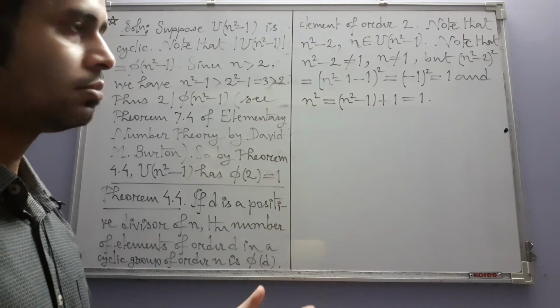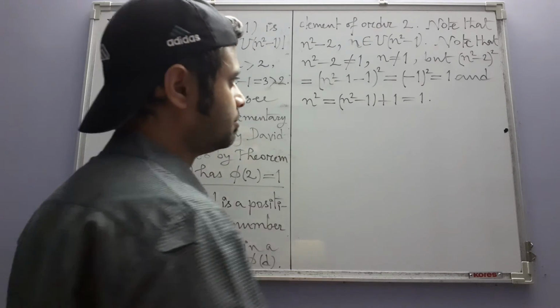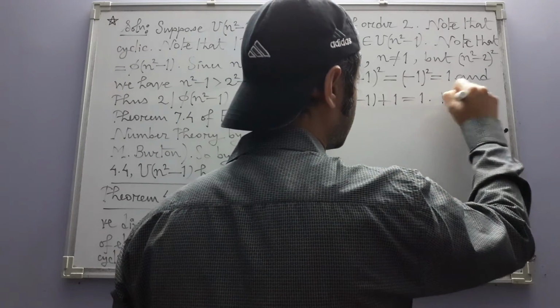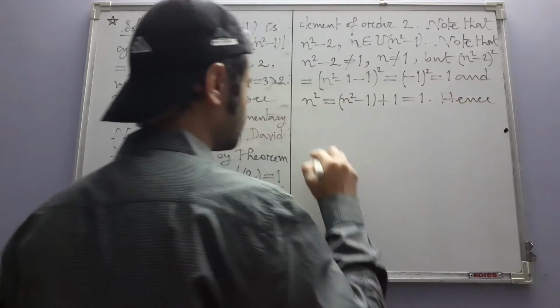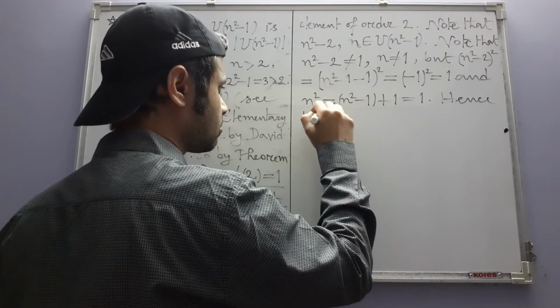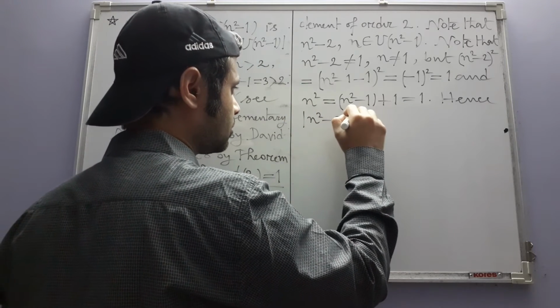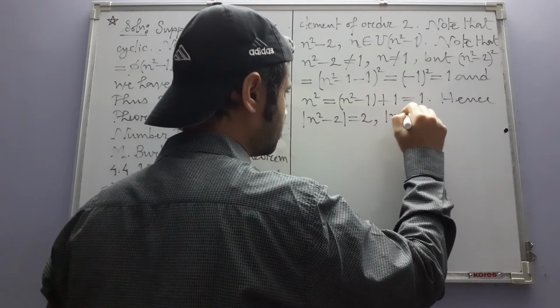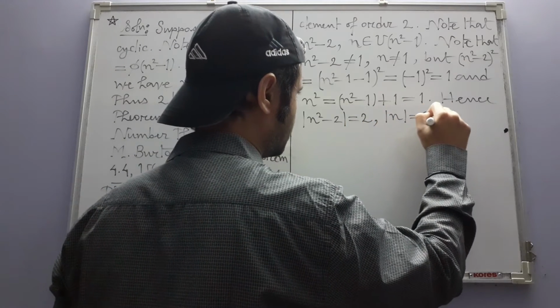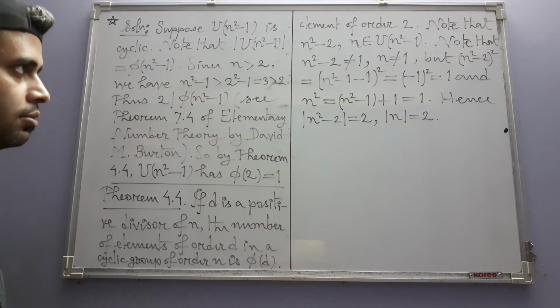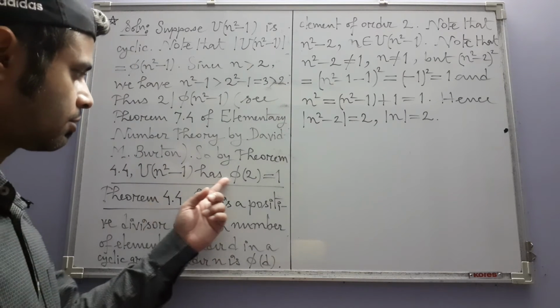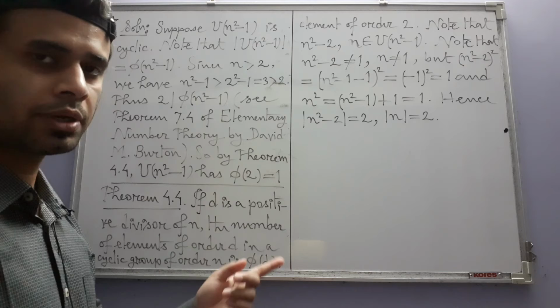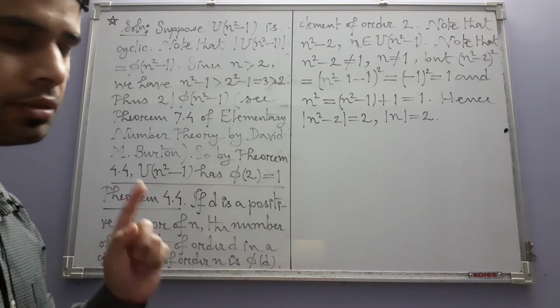So both of them are of order 2. Hence this is 2, and the order of n is also equal to 2. But we have concluded here that the group has only one element of order 2.